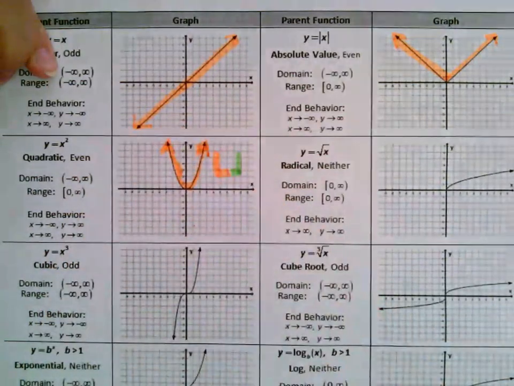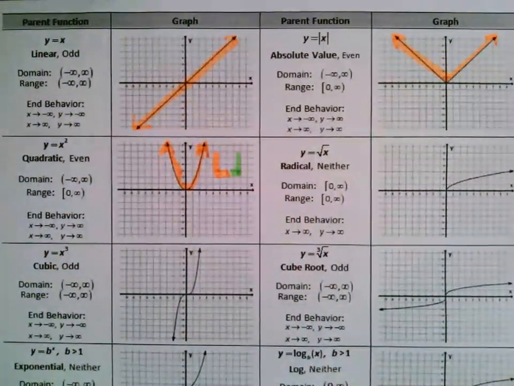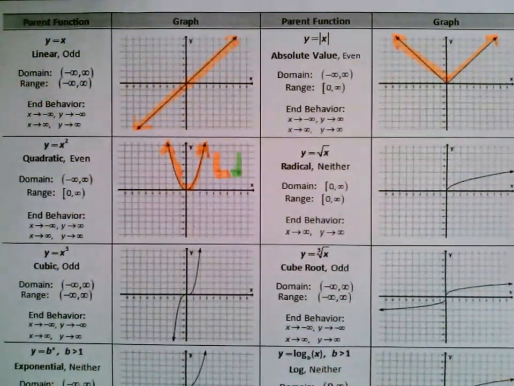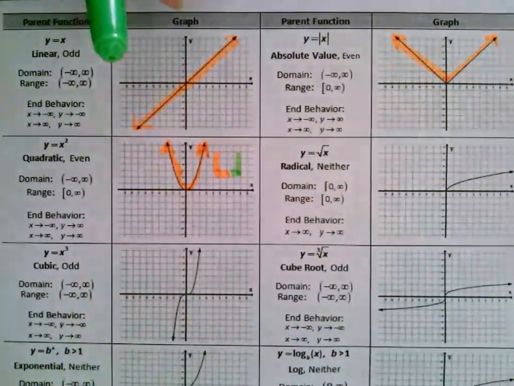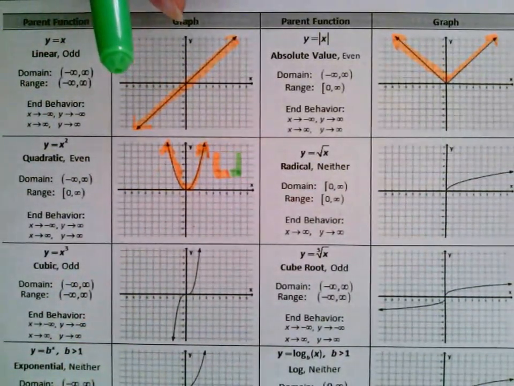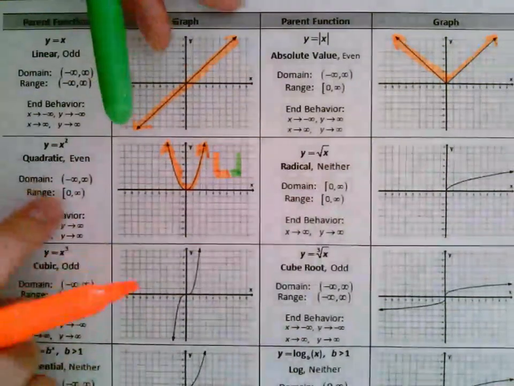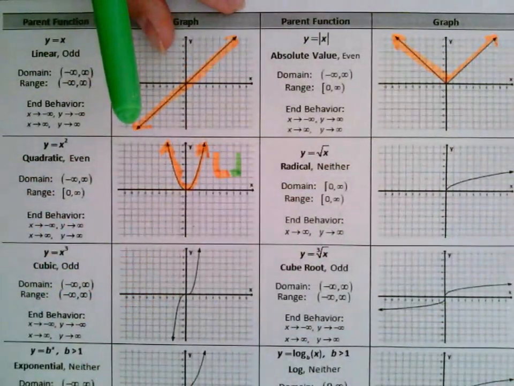Again, anytime you see an x squared, you're drawing that U shape, and then you're just going to move it around according to the transformations. Again, we'll go over all these details in a moment.